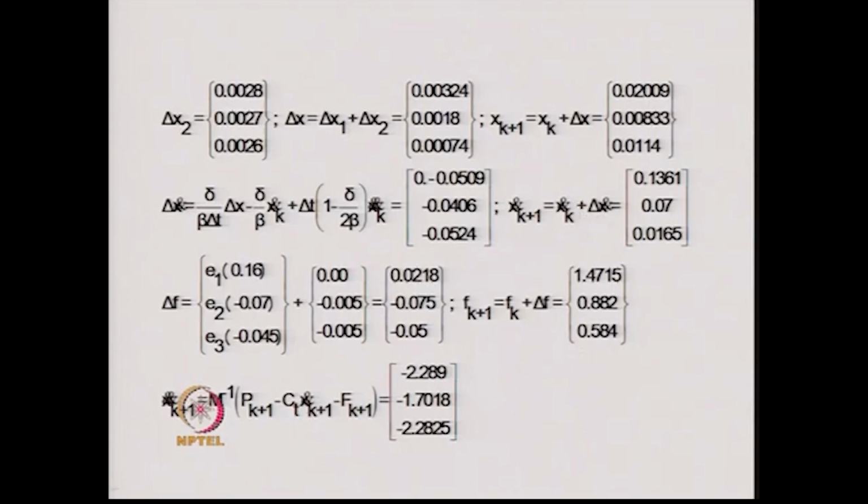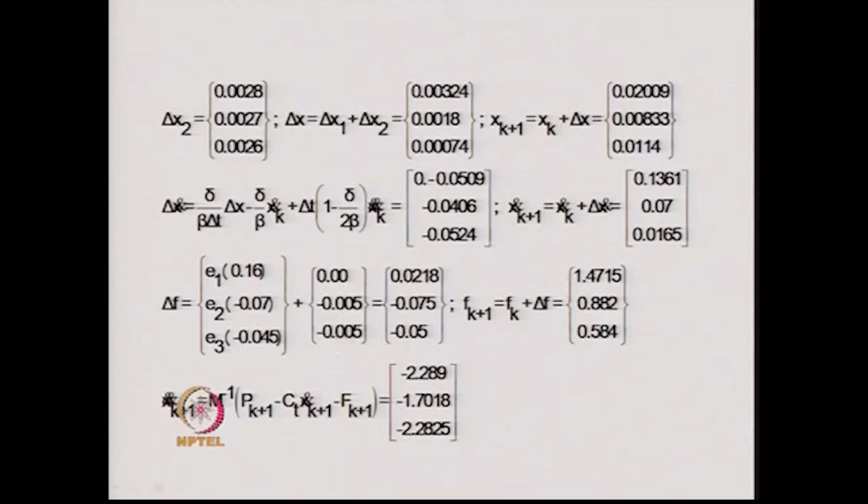Now, the f k plus 1 gives the yield shear, the shear at 3 floor levels for a particular column, and we can see that for the bottom column the shear is equal to the yield shear. For the other two, it remains less than the yield shear because they have not yielded. The 2 times this value is the total force. So, this f k plus 1 vector is 2 times this, because you have got 2 sets of columns in a particular floor.